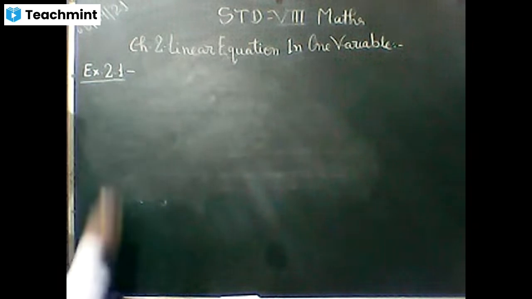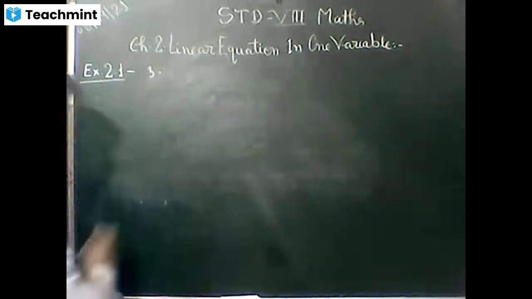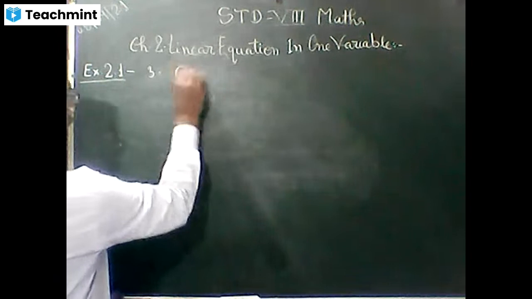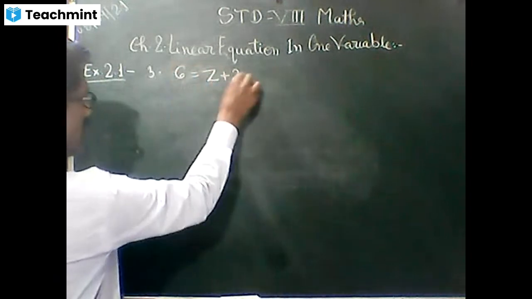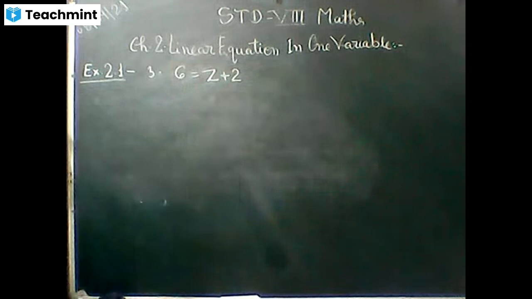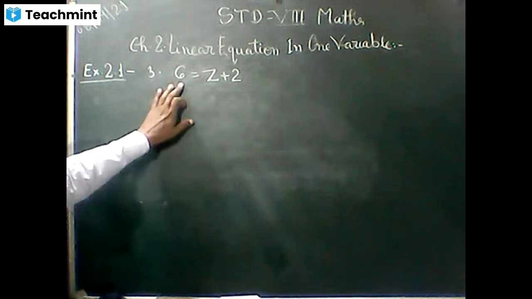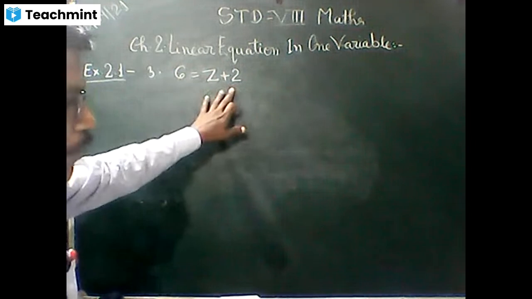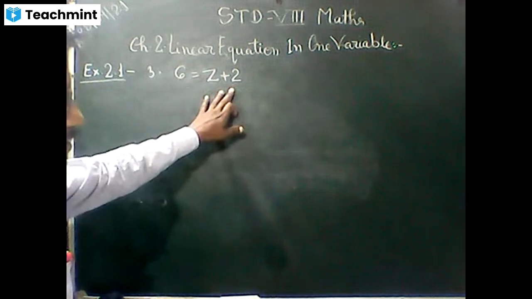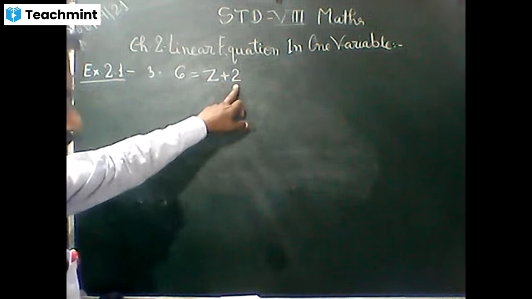Our third problem is written as 6 equal to z plus 2. So our left hand side is only 6 and the right side has two terms, one is the z as a variable and 2 as a non-variable.